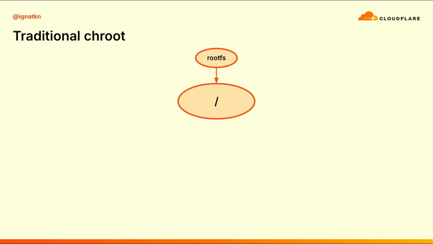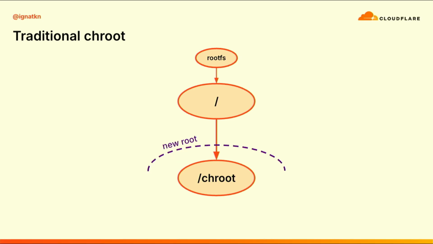Before mount namespaces were introduced, the traditional approach to restrict an application's access to a file system was chroot. You have a root file system, and then you create another root file system in some directory and issue a change root system call.